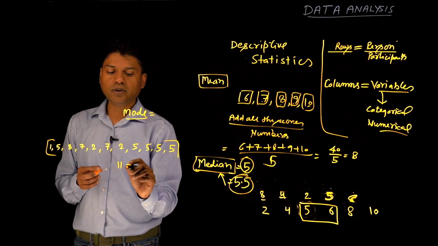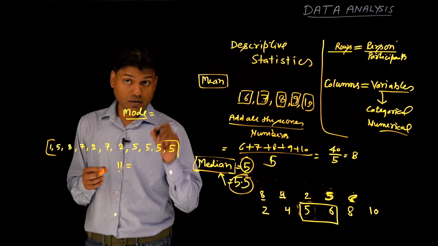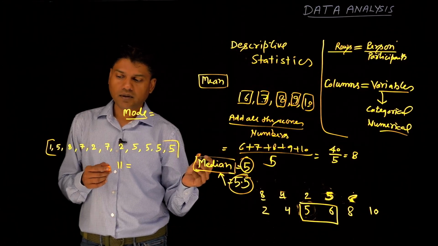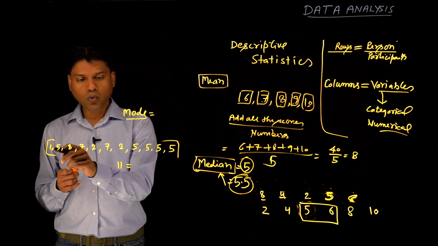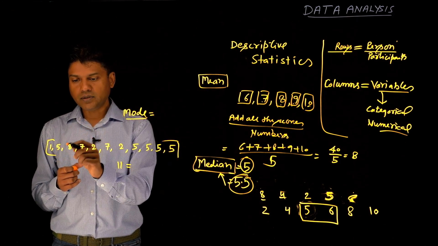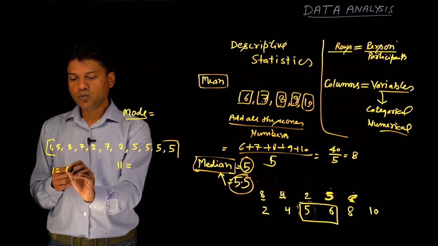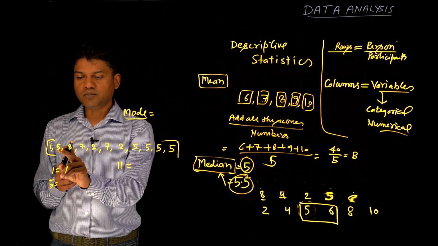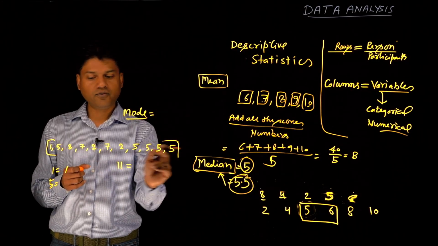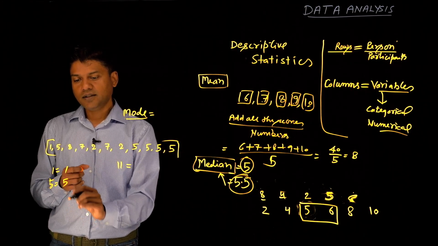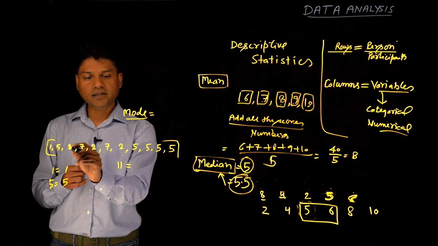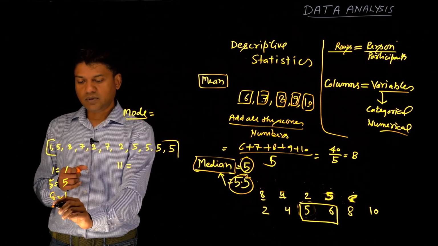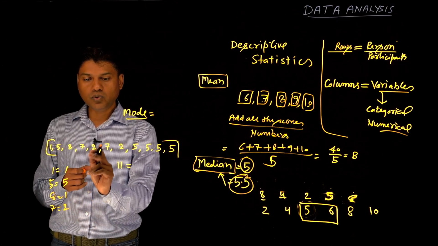And out of 11, which data point is occurring the maximum number of times? You see 1 is just occurring once. 5 is occurring how many times? 1, 2, 3, 4, 5. 5 times. 8 is occurring only 1 time. 7 is 2 times.